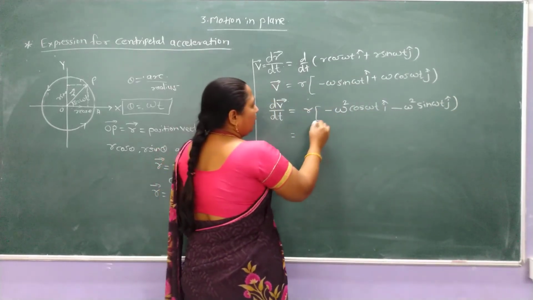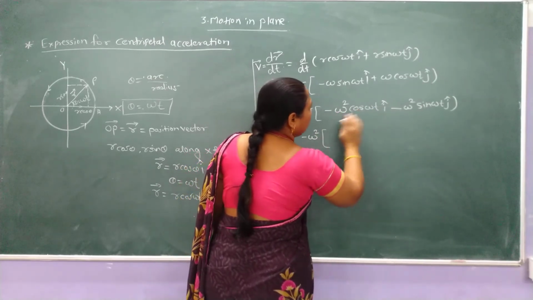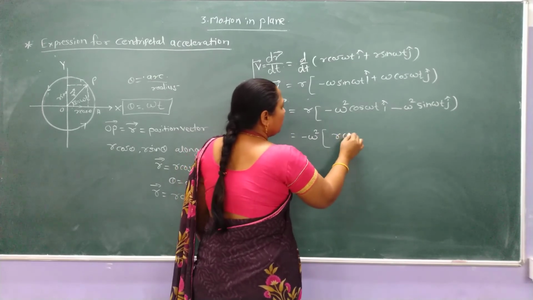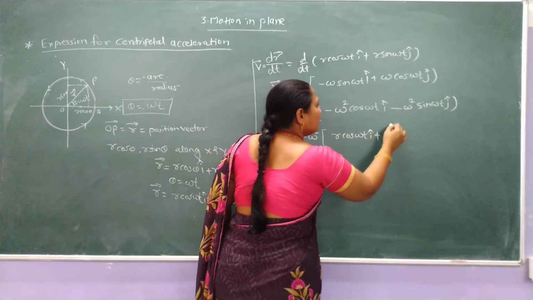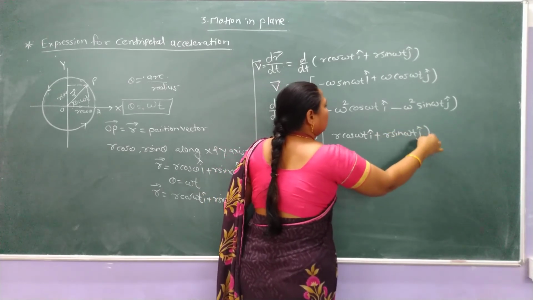Taking minus omega square common, we get minus omega square times r cos omega t i vector plus r sin omega t j vector.